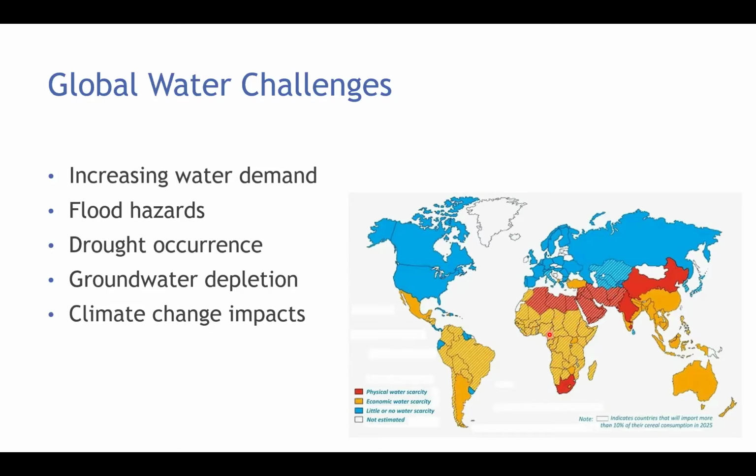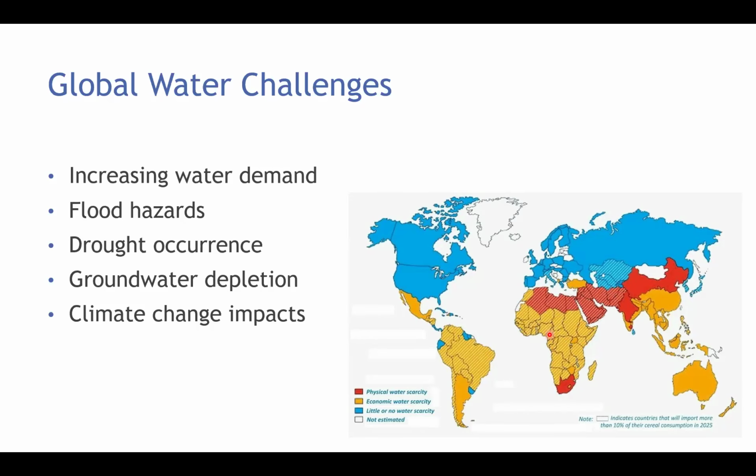And again, we can divide this water scarcity into two categories. One is physical water scarcity. That means you don't have water available. Okay, so water availability itself is less. Then you have economic water scarcity.